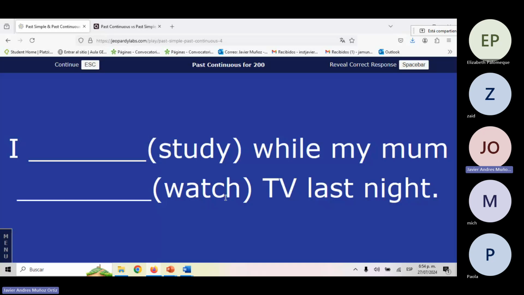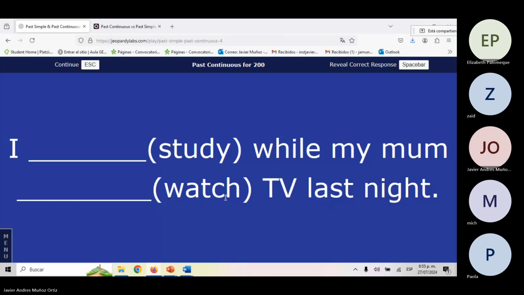Okay, something's missing. What's missing? Because studying is correct, watching is correct, but something is missing. Algo falta. In Spanish, you are saying something like, yo estudiando mientras mi mamá viendo televisión anoche. Something is missing.